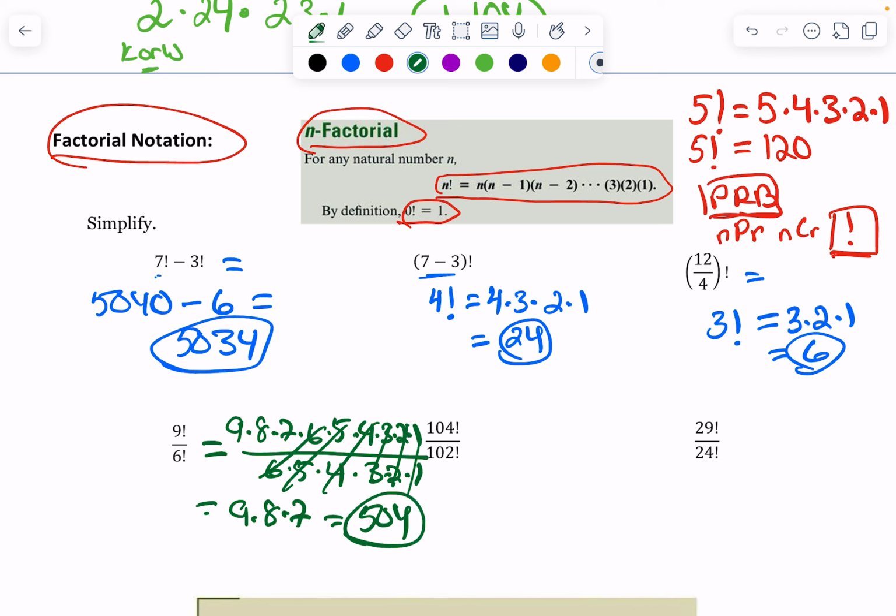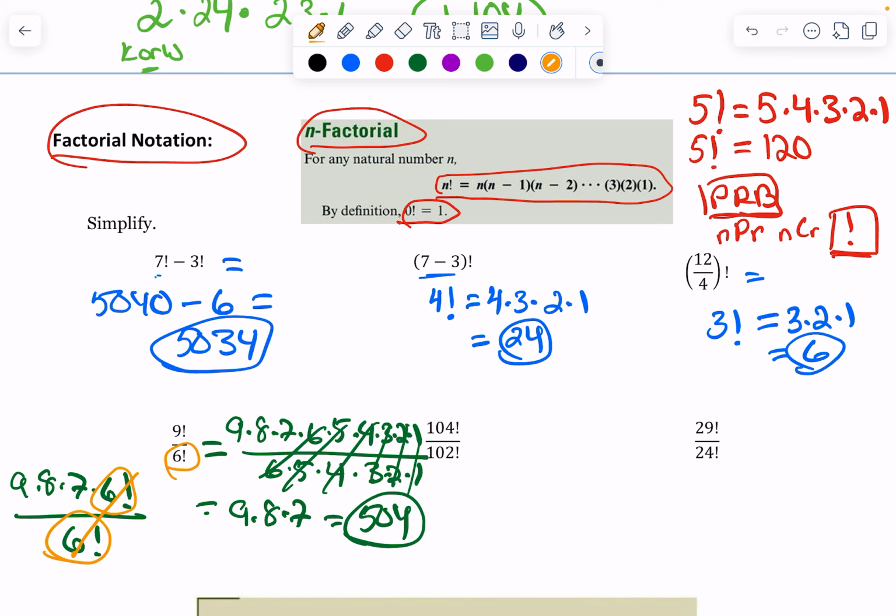Now, what did we do here? We had 9 times 8 times 7 times 6 factorial, divided by 6 factorial. Notice that we stopped the top here so that we can cancel these out and get 9 times 8 times 7.